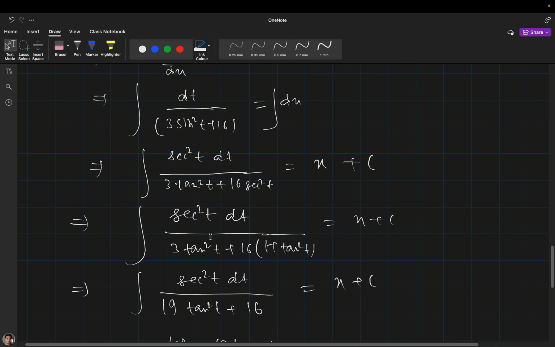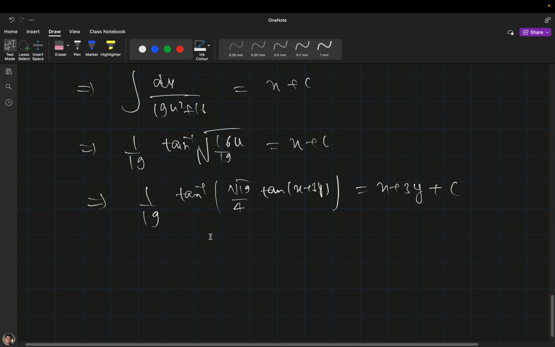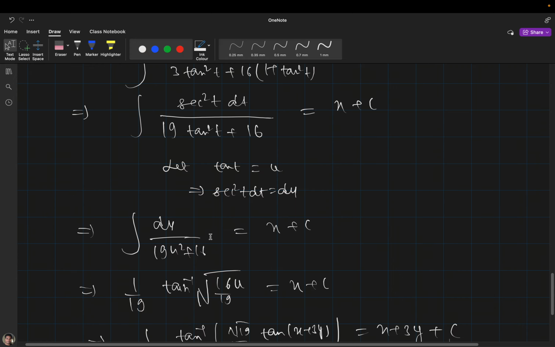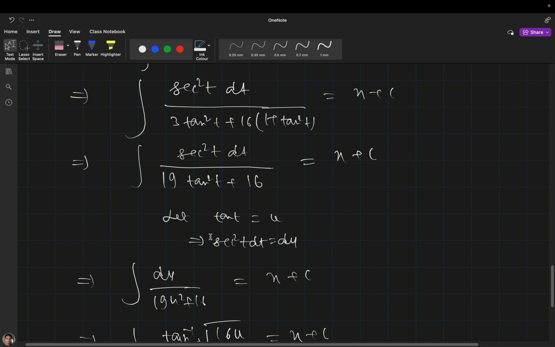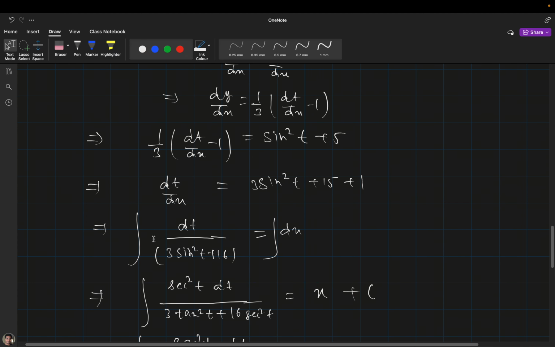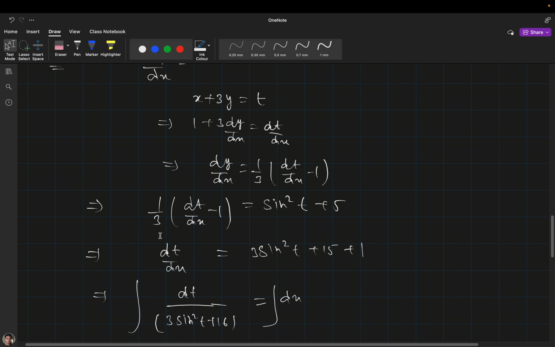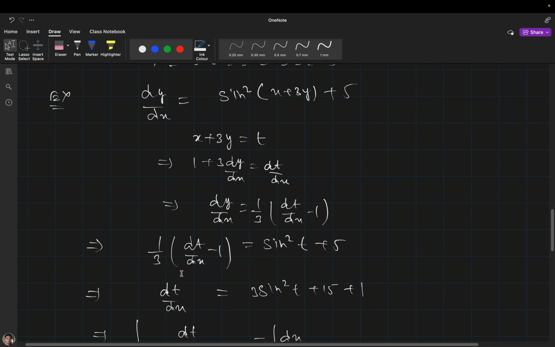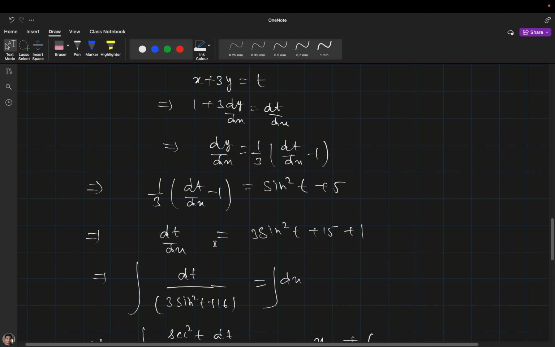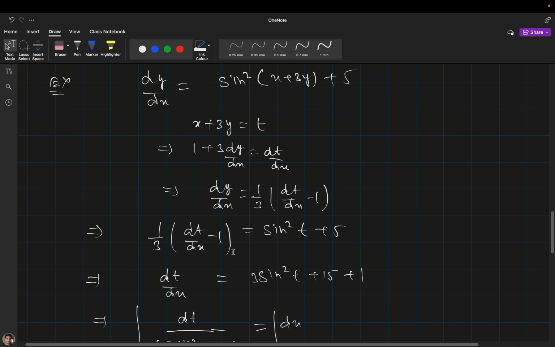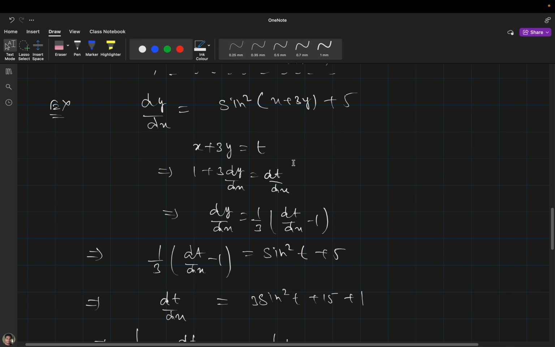So dy by dx is equal to 1 by 3 dt by dx minus 1. This one, yes. I have written it, no? Fine?